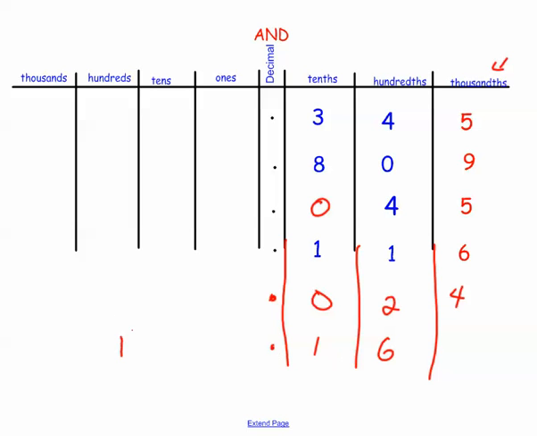You know how to say this number. That's just 16, so it's 16 hundredths. And if I had this one, that would simply be 2 tenths. Okay, seem pretty easy? So all you have to do is make sure that you know what place value the last number is in.